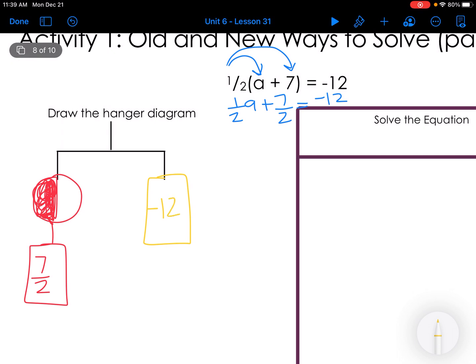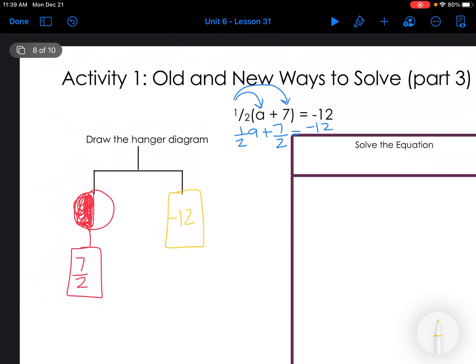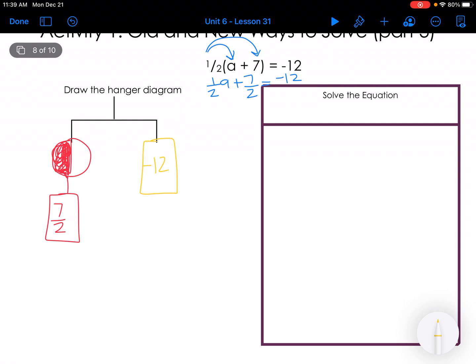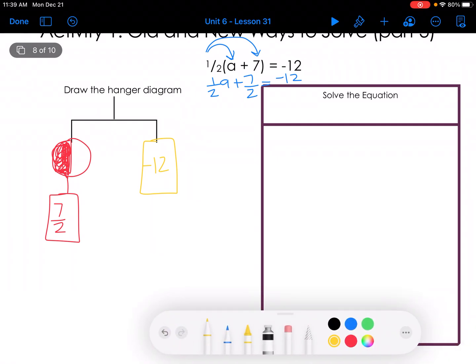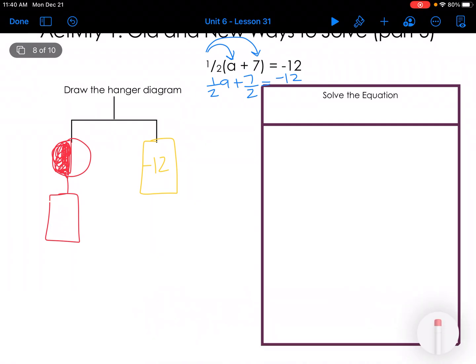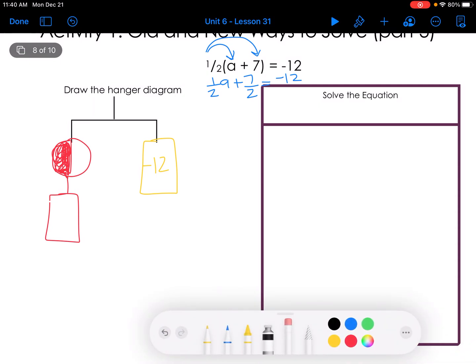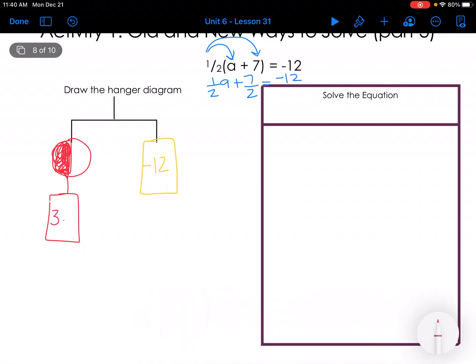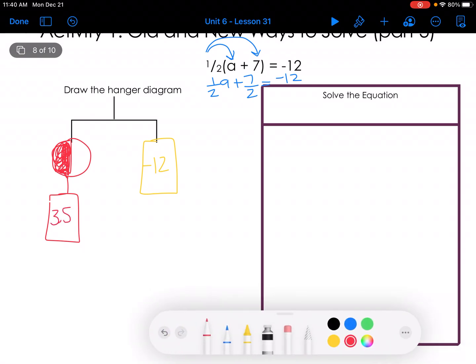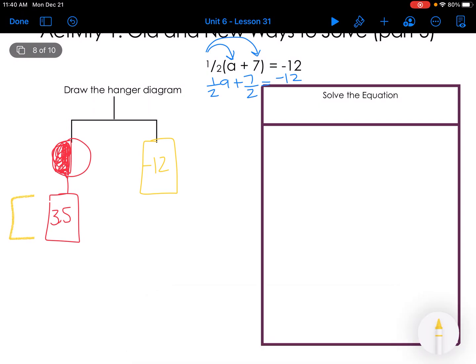All right, so now I have to zero out. I think I'm going to change this into a decimal just to make it easier on myself. So 7 divided by 2 is 3.5. To zero out, I'm going to have a negative 3.5.